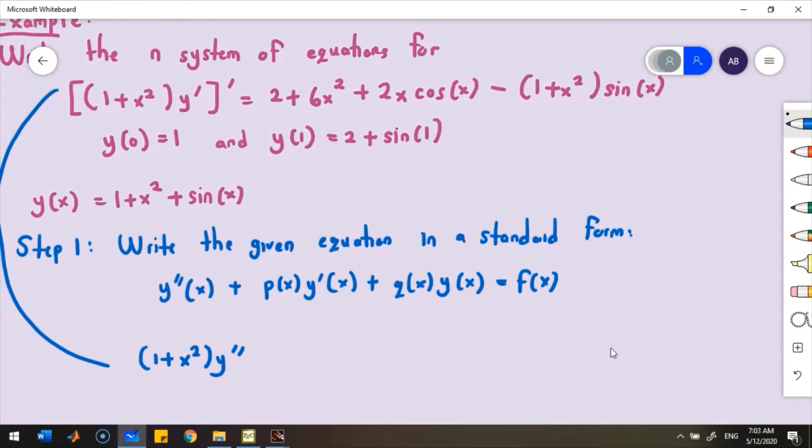So if you check the equation here, we have (1 plus x squared) y double prime, and then how can I get the other term involving y prime x? The y prime x is obtained when you differentiate this term here.